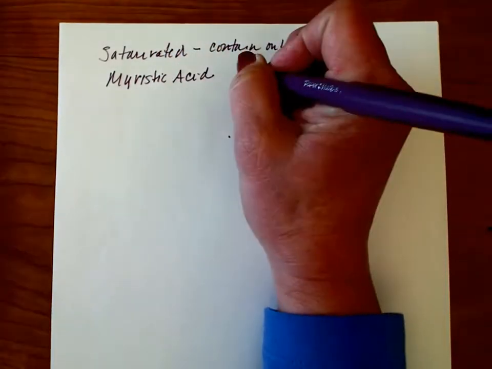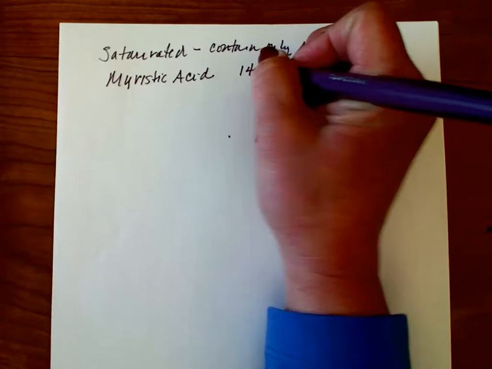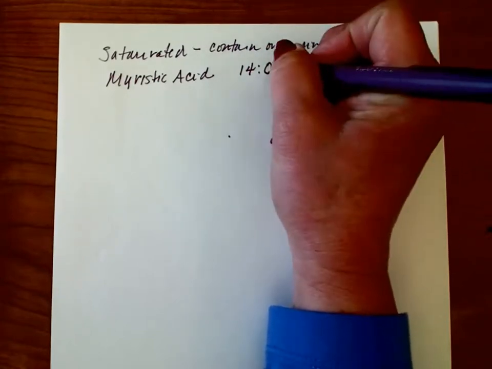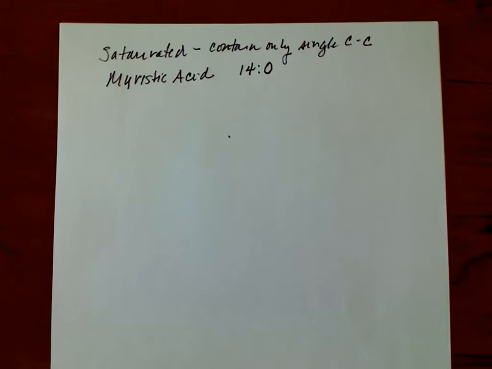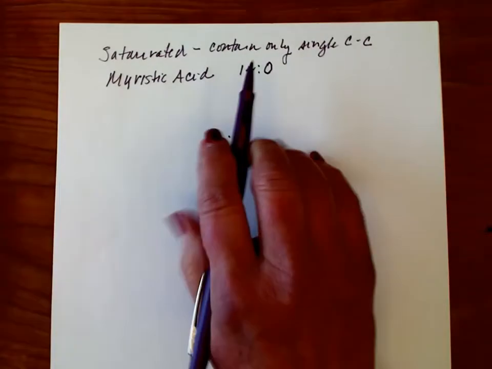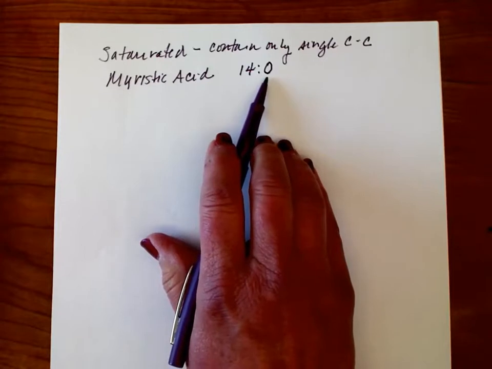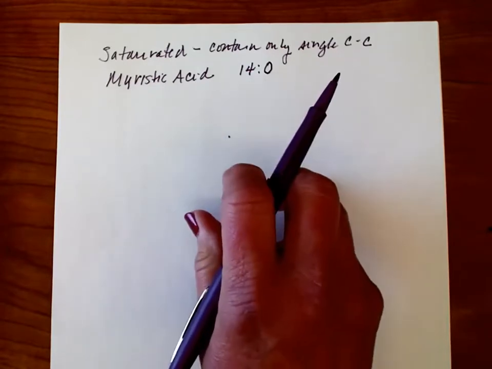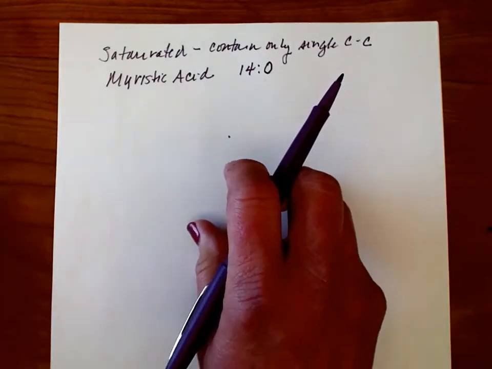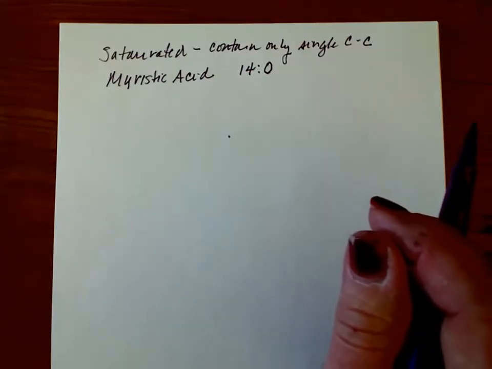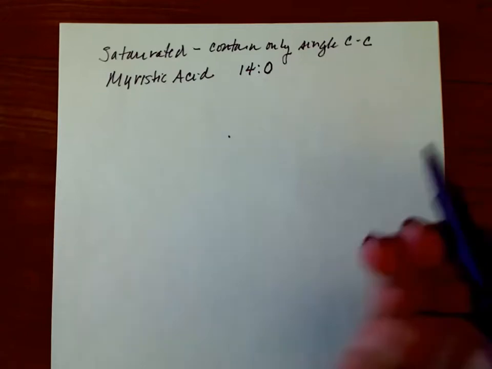This is a 14-carbon saturated lipid, and we will look at the notation again in a moment, but 14 carbons, a colon, and a 0 for 0 double bonds. I would like you to use line angle formulas to draw these lipids.